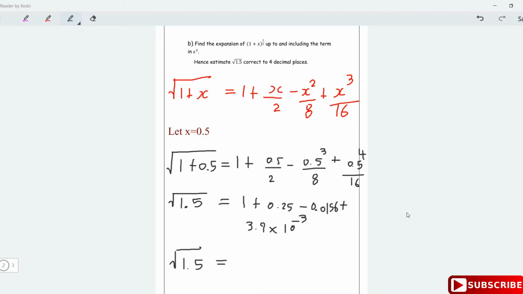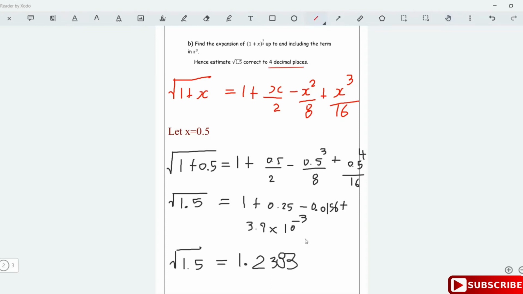Then I have plus 3.9 times 10 raised to the minus 3. So what I get is 1.2383. That's my answer. Nice. That's the 4 decimal places. You have to follow what the question said. It said to 4 decimal places. This is key.